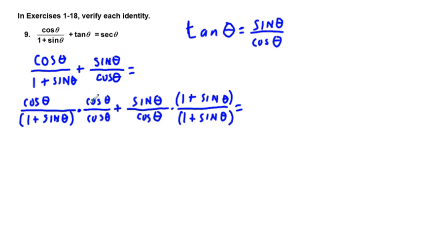Now let's multiply the numerators together. On the left term, we have cosine squared theta, which is cosine theta times cosine theta, over our common denominator, which is the quantity 1 plus sine theta times cosine theta.